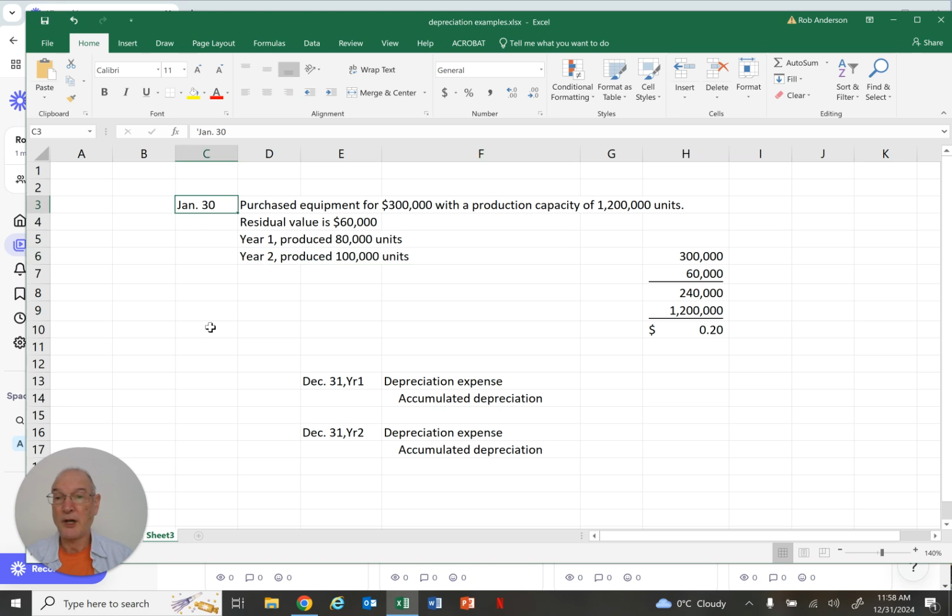Now you'll notice we bought this machine January 30, but again, using this method, we don't have to do partial year depreciation. We don't have to say we had it 11 months out of 12. We just have to say, well, it costs us 20 cents a unit to produce or use the machine, and we had 80,000 units the first year.